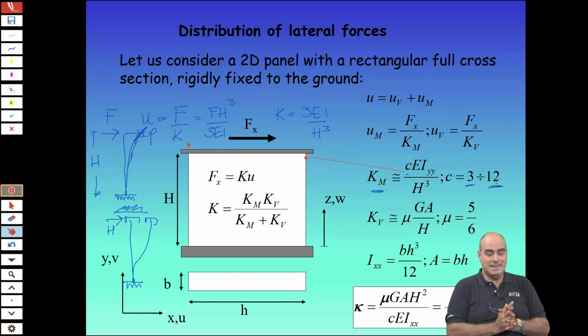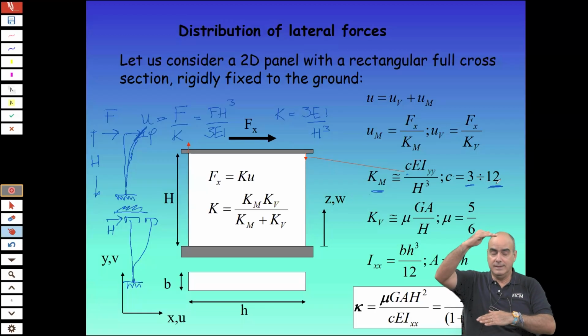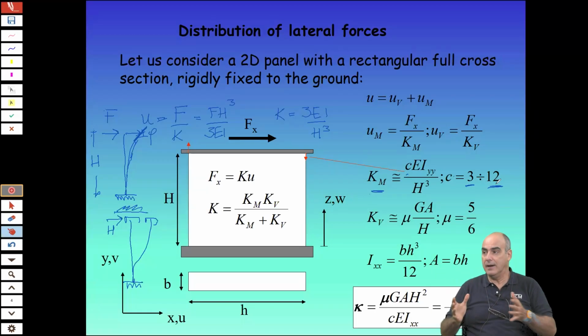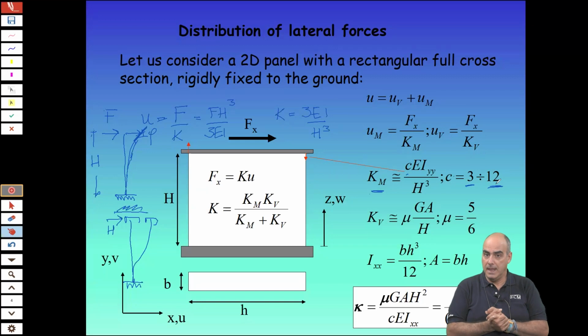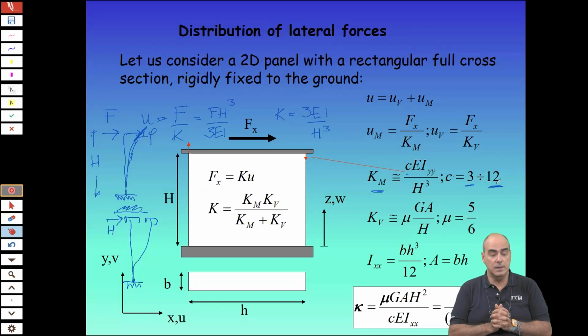So they are not exactly like beams. They are squat walls because their depth and height are of the same order of magnitude. So in this case, it's not only the flexural stiffness that we have to take into account, but also the shear stiffness.